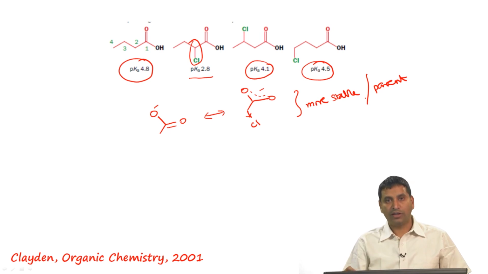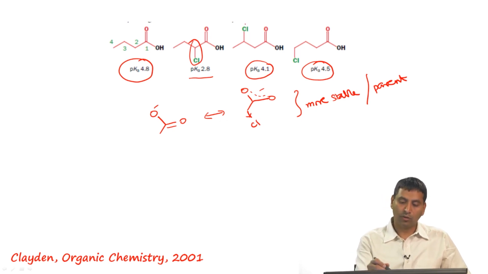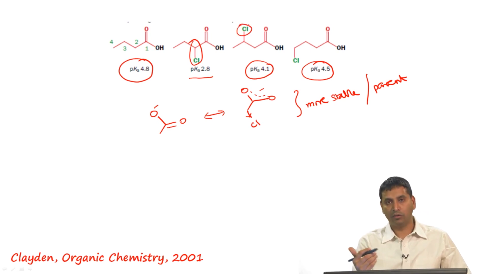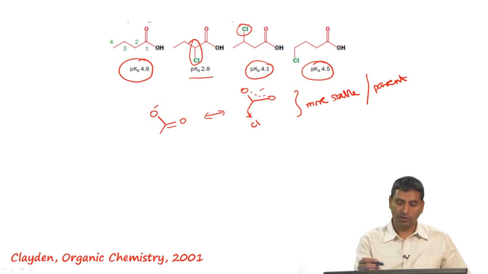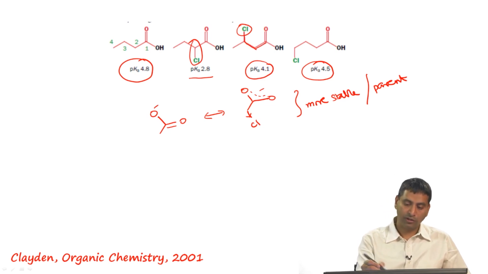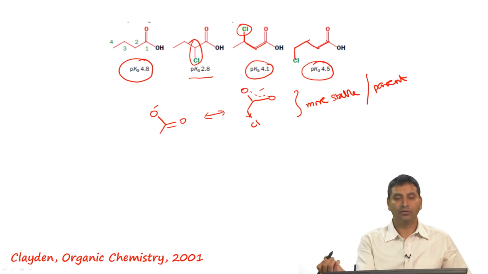So, that helps us understand why this molecule has a significantly lower pKa, or it is significantly more acidic than the parent molecule. Whereas, as the chloro moves further away from the carboxylic acid, the inductive effect goes down as the number of bonds increases, and so it helps us explain why there is not a huge difference in the pKa values, because here you will have 1, 2, 3 bonds, and here you have 1, 2, 3, 4. Right. So, as the number of bonds increases, the inductive effect becomes weaker.